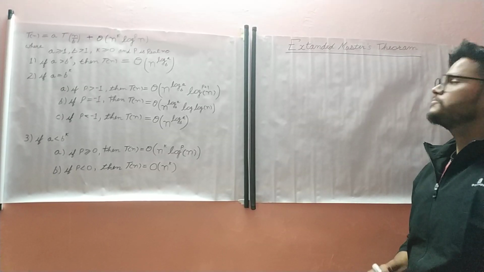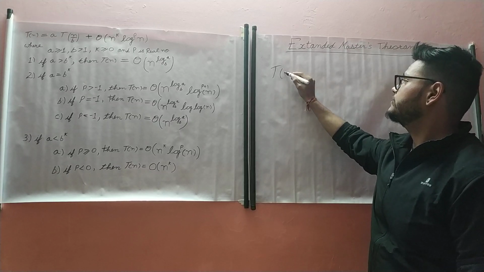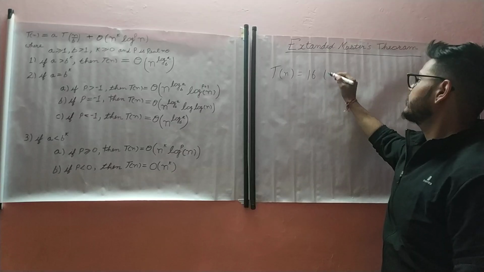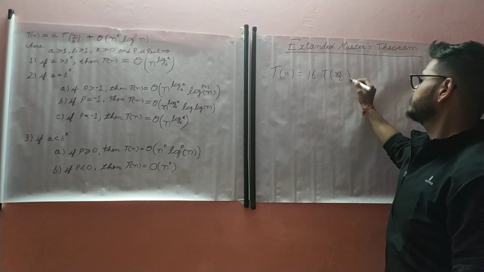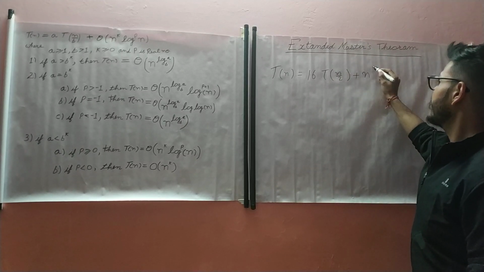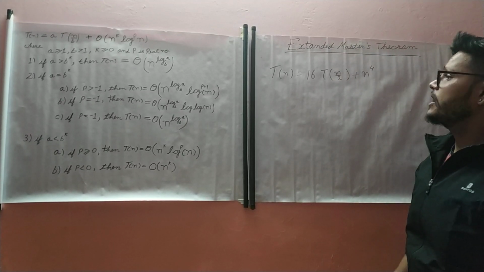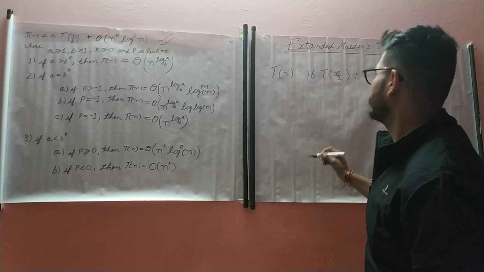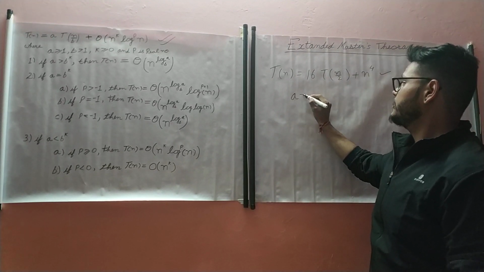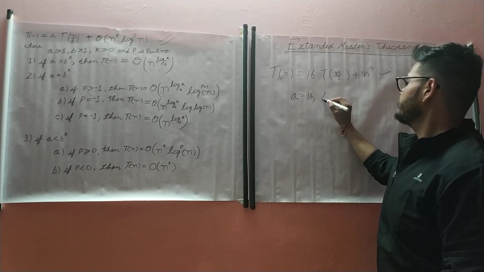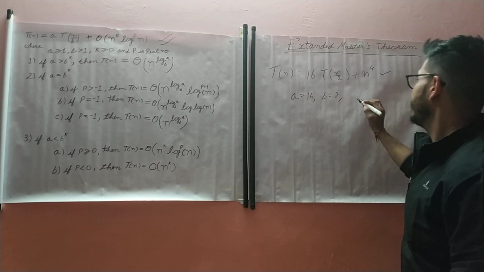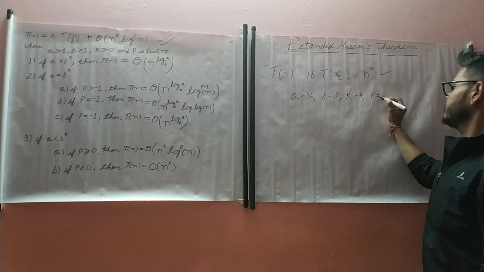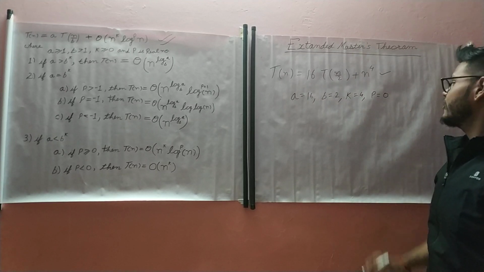Let's see another example. T(n) = 16T(n/2) + n^4. Now again compare this with the form. Again a = 16, b = 2, k = 4 and p = 0.